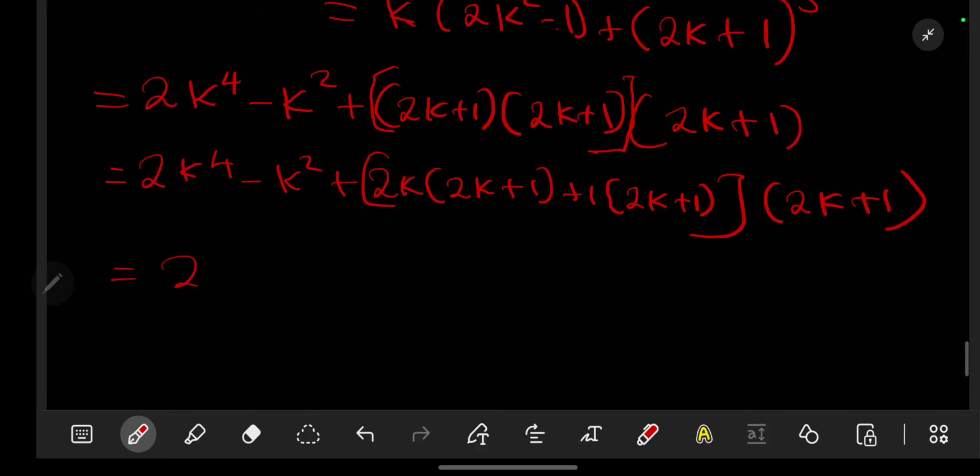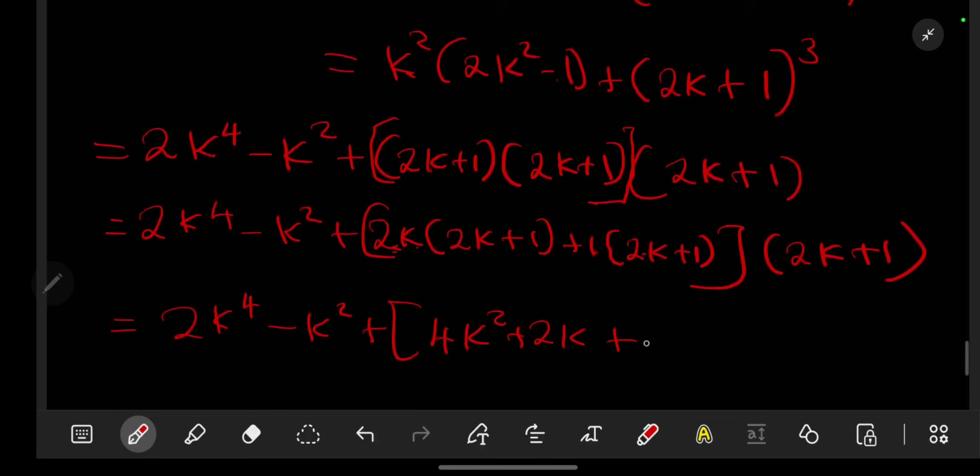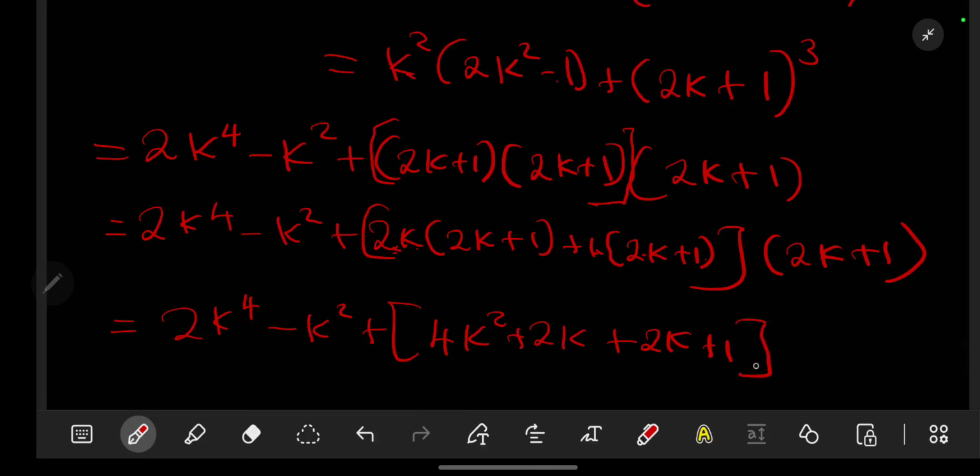So this gives us 2k to the power 4 minus k squared, then plus 2k by 2k, it will be 4k squared. 2k by 1, it will be plus 2k. Then plus 1 by 2k, it will be 2k. 1 by 1, it will be 1, like that. Then we have our 2k plus 1.